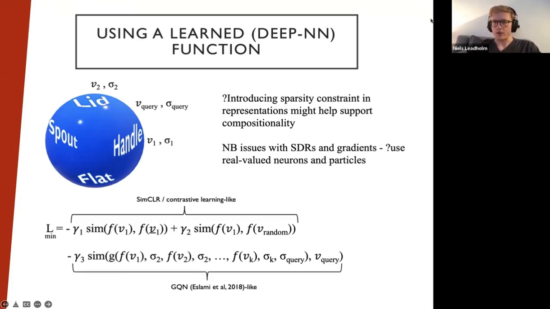But I wonder whether we want to move away to some degree from SDRs and have real valued neurons, at least for this particular point, because having SDRs causes problems with gradients. You can't do gradient passes through binary representations. But it could be a mix of SDRs and real valued neurons.